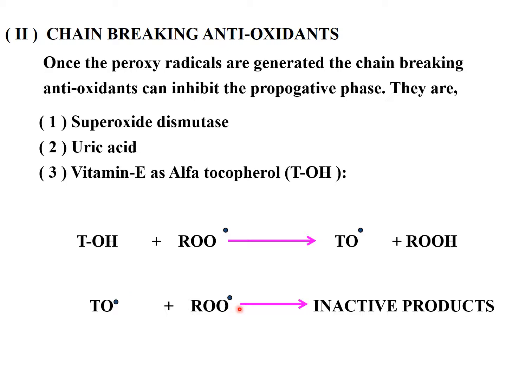When these two unpaired electrons join together, they get paired, and as a result, the final product formed is an inactive product. That is how the propagation of free radicals or reactive oxygen species is stopped, inhibited. So, this is the role of vitamin E in dealing with the propagative phase. I will explain this vitamin E in a much more illustrative manner.